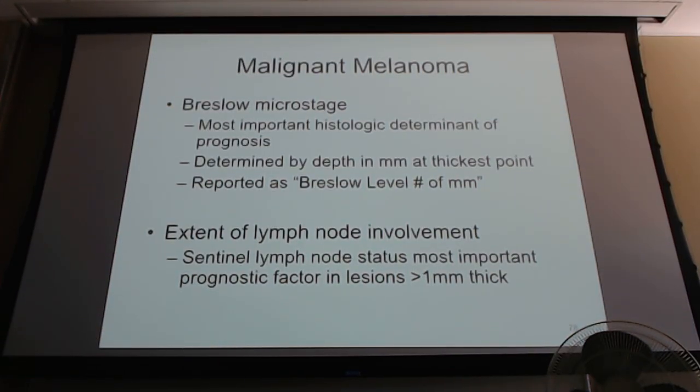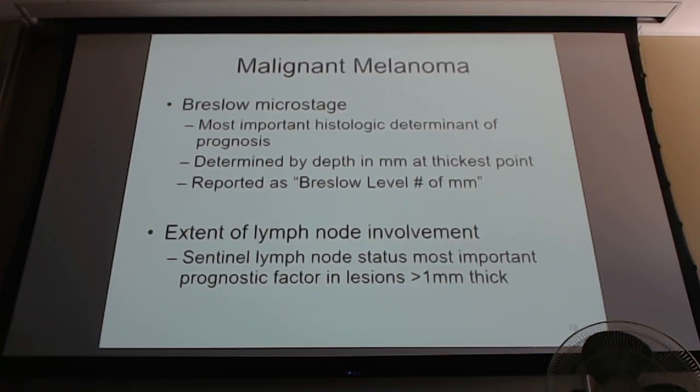Talk about those criteria or those stages that are associated there, okay? Breslow, most important histologic determinant of the prognosis is the Breslow, determined by depth in millimeters at thickest point. So right smack in the middle, that would be where it's going into.